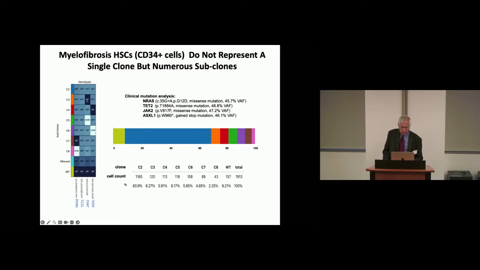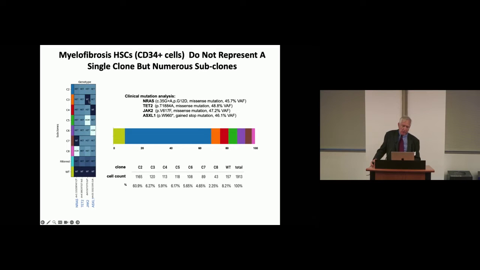That indicates that there's not a single clone, but there are multiple clones. And one of the clones is really a bit scary. First of all, the good part is that there are some clones that lack any mutations. So that means that there are normal stem cells there, and if we eliminate the malignant cells, these normal stem cells can repopulate.